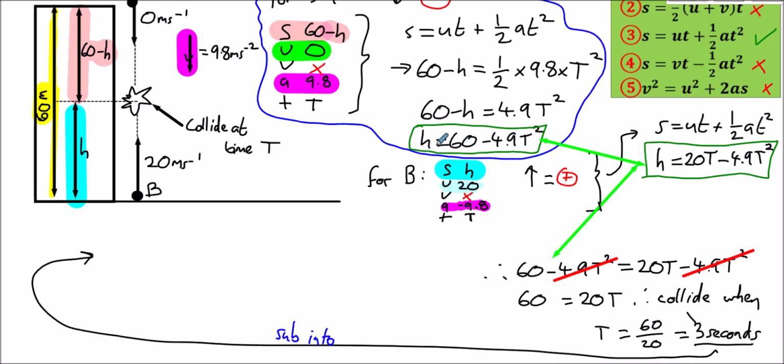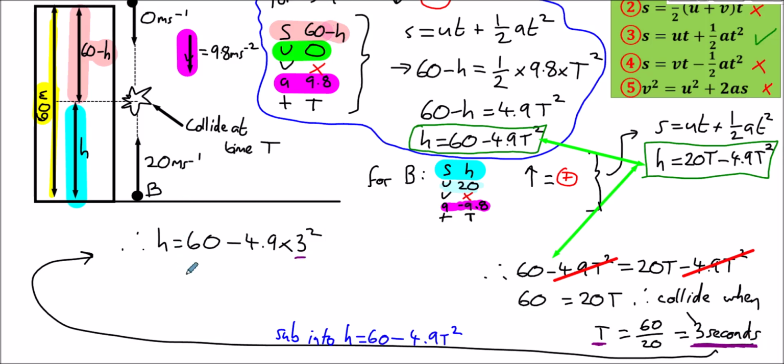Sub into, I'd suggest this one might be easier, h equals 60 minus 4.9T squared. So therefore h is 60 minus 4.9 multiplied by 3 squared, because we just worked out that T is 3 seconds.